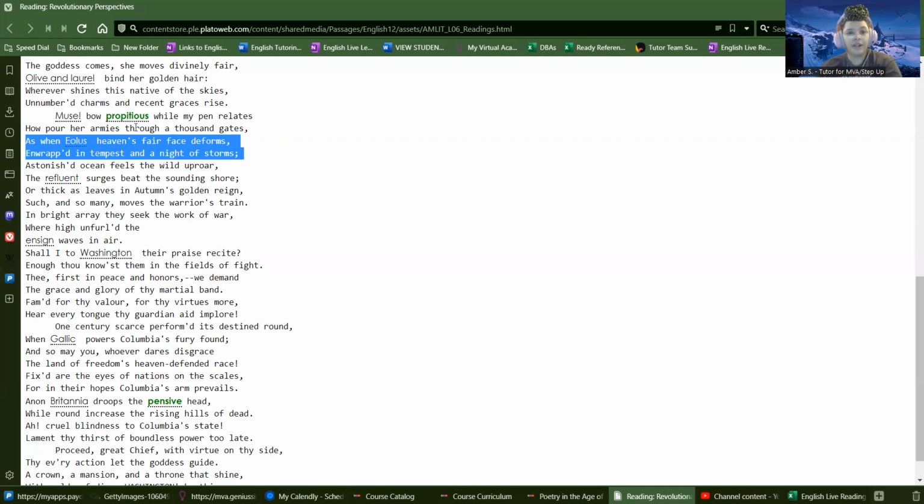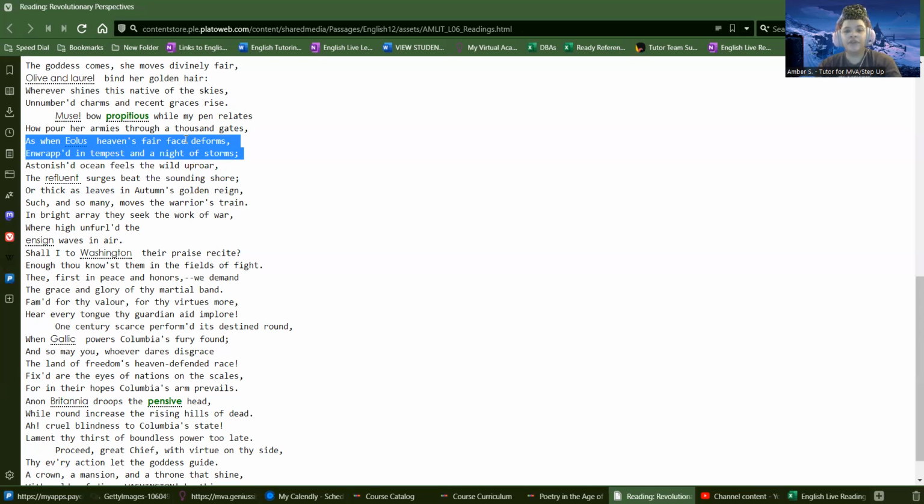So if we come over here, Aeolus is a Greek god of the wind. So we have Aeolus, heaven's fair face deformed. So we're talking about more Greek gods. So heaven's fair face is basically just giving him the description of being a god from heaven.